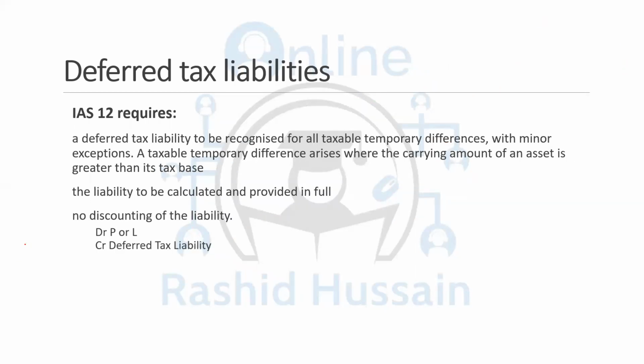Similar is the case with the deferred tax liability. The nature of the liability is credit. So deferred tax liability, credit, and charging this as an expense: debit profit or loss, credit deferred tax liability. Again, once you have recorded the deferred tax liability, you're supposed to see the increase or decrease in the deferred tax.